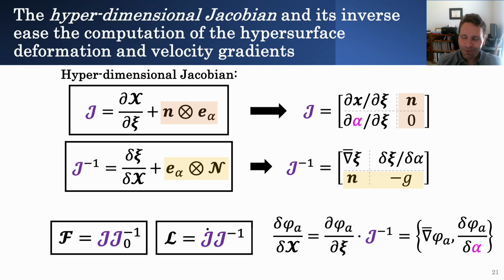However, if you were to make a slight modification to that Jacobian by adding an additional column that comprises just the normal vector and then 0 in the component where you would have a hyperdimensional entry, then in doing so, you form a square matrix for this hyperdimensional Jacobian, as I'll call it, which is in fact invertible, and which facilitates in a very nice way the computation of these other deformation quantities that I've just defined, the hypersurface deformation gradient and the hypersurface velocity gradient.